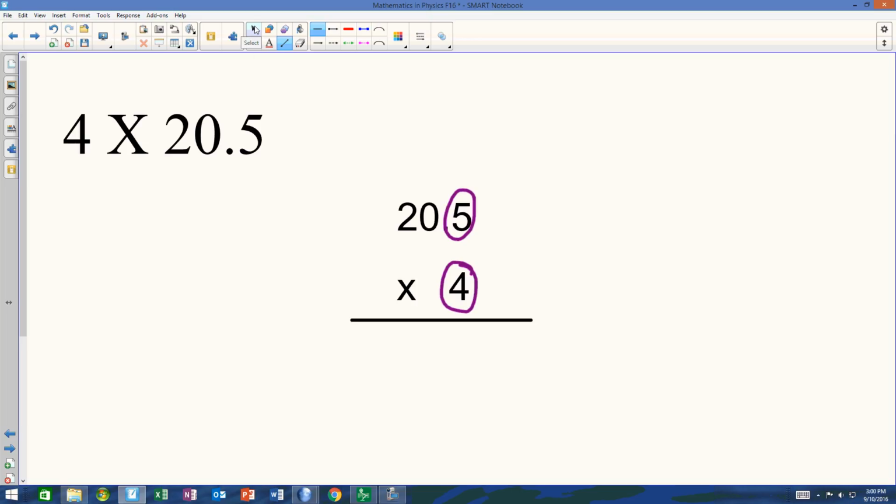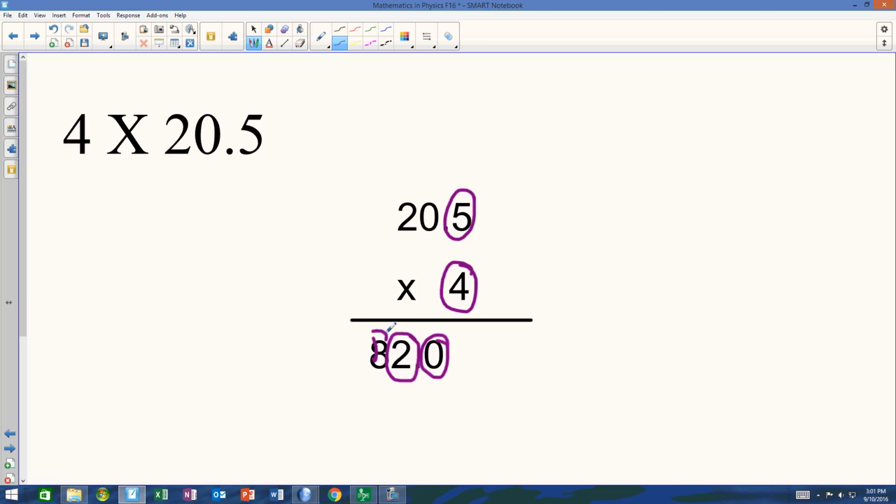So when I multiply these two together, I end up getting 82.0. Notice that when I do this, this is uncertain when it multiplies by everything, and then this 5 is uncertain.